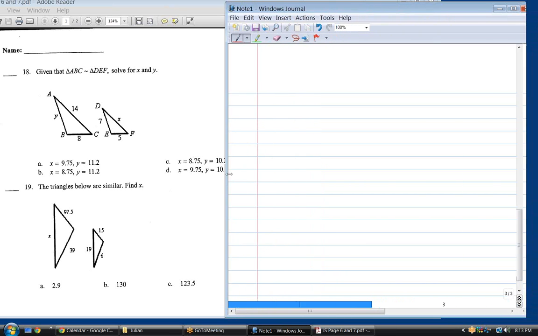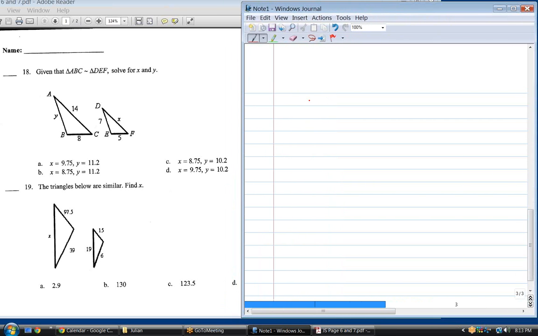So x over 14 equals 5 over 8. Good. Biggest thing to make sure you do is just always go in the same direction. I don't really care whether you go big to little or little to big. Just don't go little to big and then big to little. Now how would I solve for X?